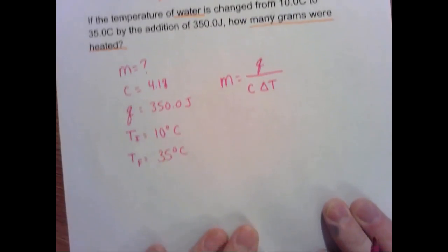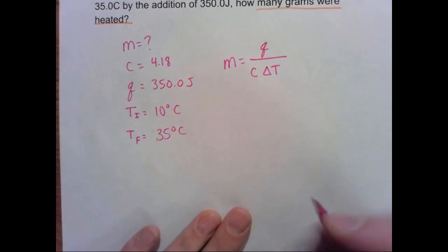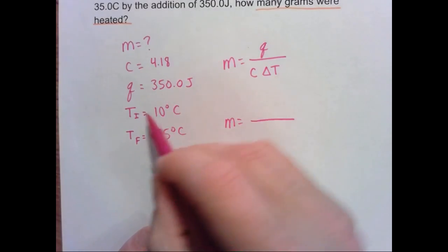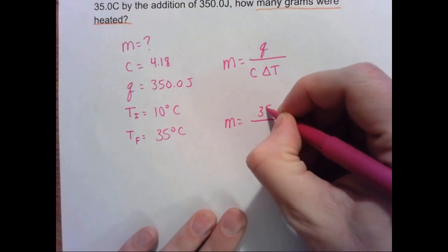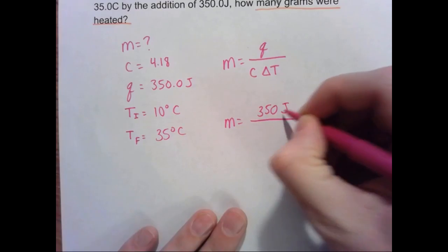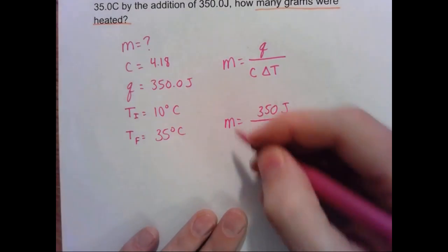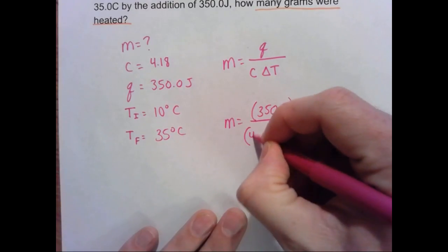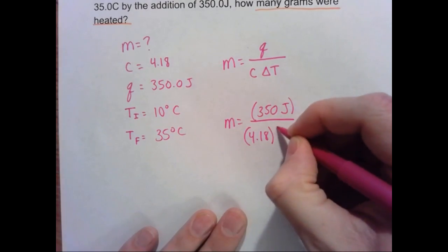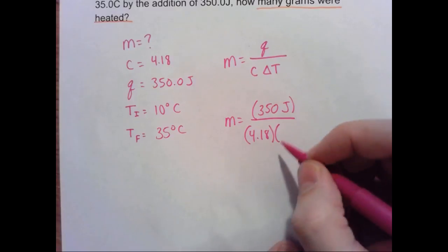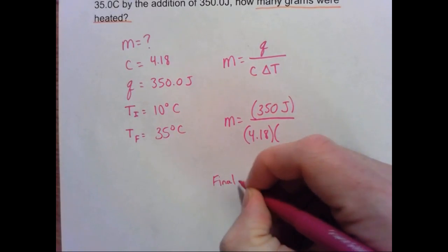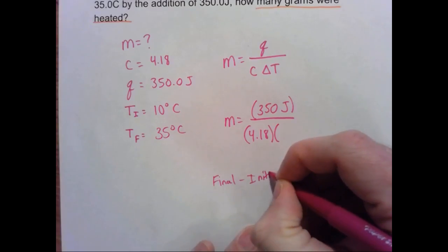So let's go ahead and start plugging things in so we know what we have. We don't know what M is. That's what we're trying to find. Our Q is 350 joules. Put parentheses around that. Our specific heat for water is right here. And then our change in temperature. Remember, it's final minus initial.